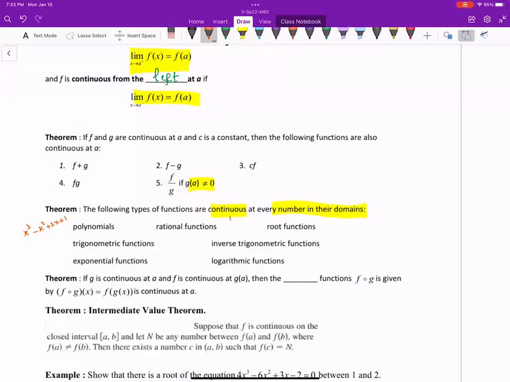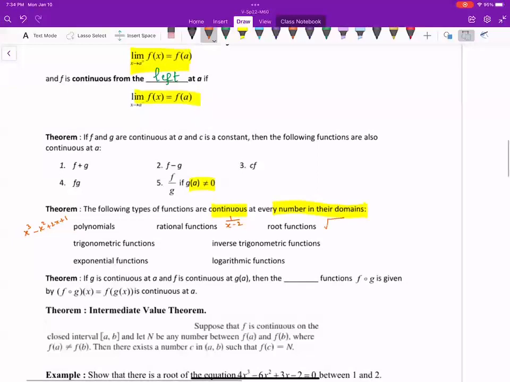What are rational functions? Rational functions can look like this, 1 over x minus 2. Remember that it is not continuous at 2 in this example because 2 makes the denominator 0, but 2 is not part of the domain. That's why we say it is continuous on every number in its domain.